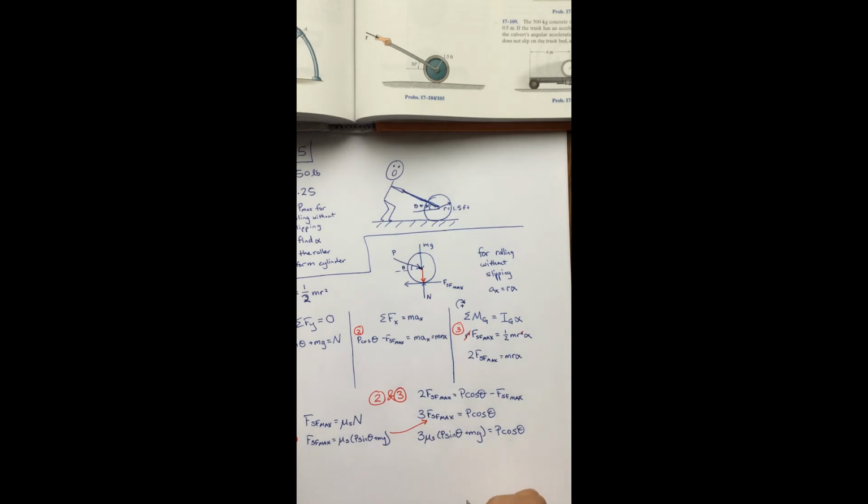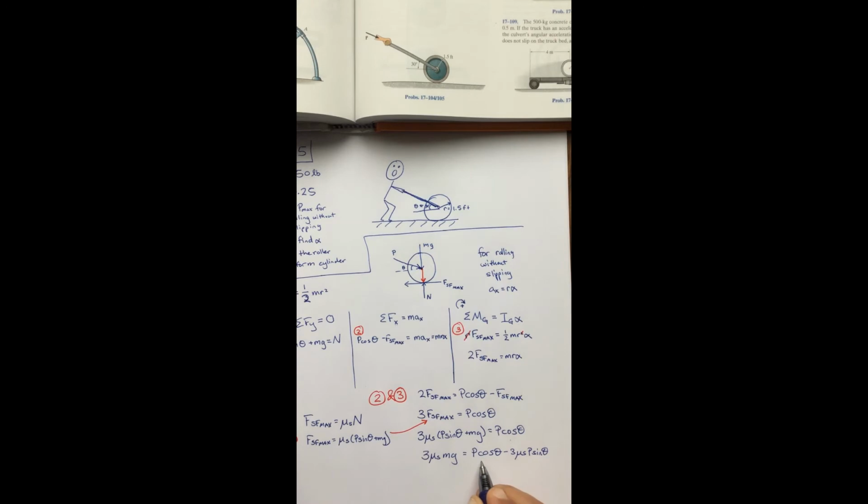So I can distribute the 3 times the coefficient of static friction and then pull the term with the p sine theta over to the other side. So I get 3 mu s mg is equal to p cosine theta minus 3 mu s p sine theta.